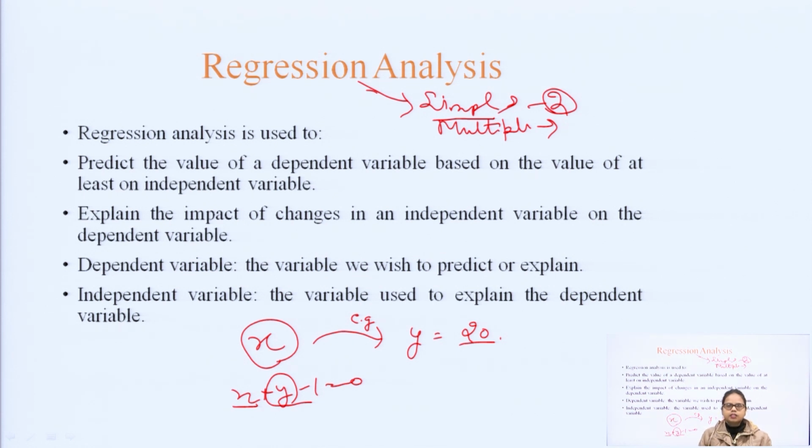Like, his father is tall and mother also tall, then you can easily predict the height of any child whose father and mother are tall. So, this is an example of simple regression, where there are two variables and from one known value you can predict the unknown value of the other.